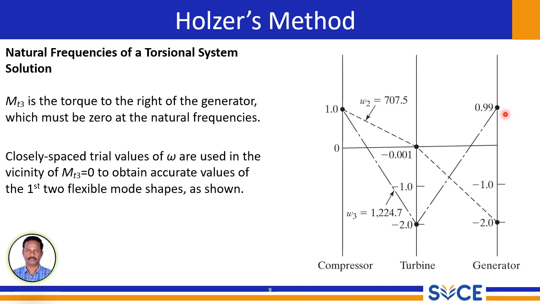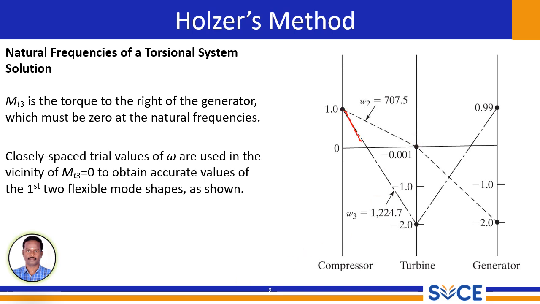This indicates that in the first mode, the compressor has one value and the generator has one value. Both are vibrating in opposite directions, with the turbine acting as a sort of pivoting point with very little displacement.